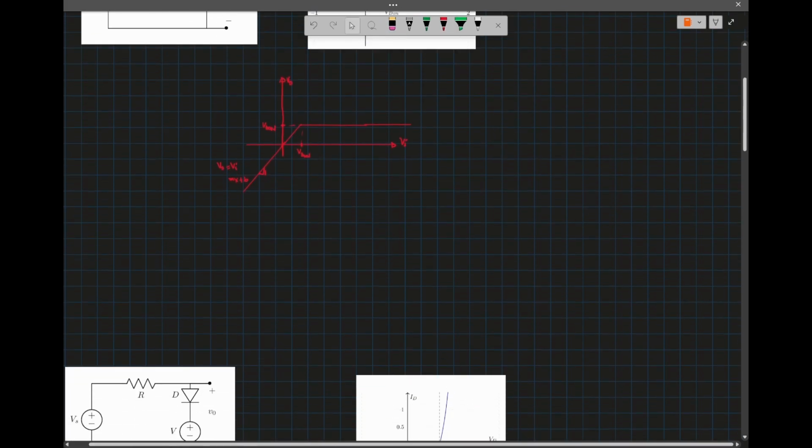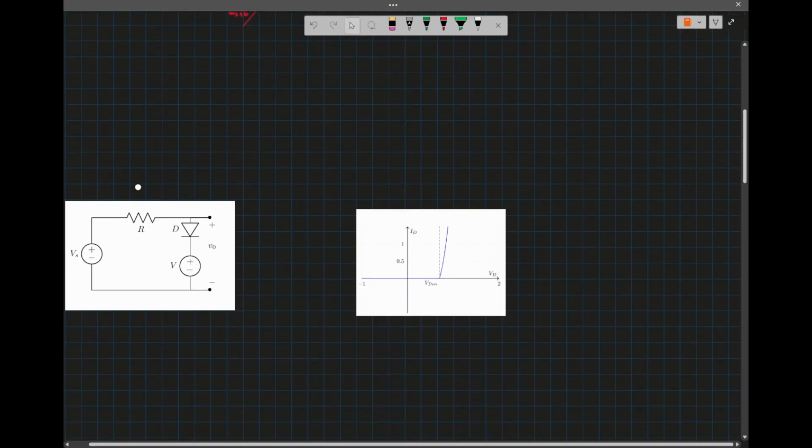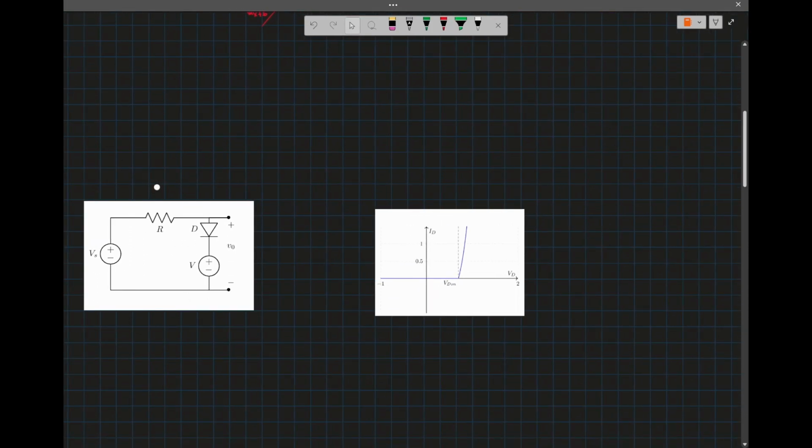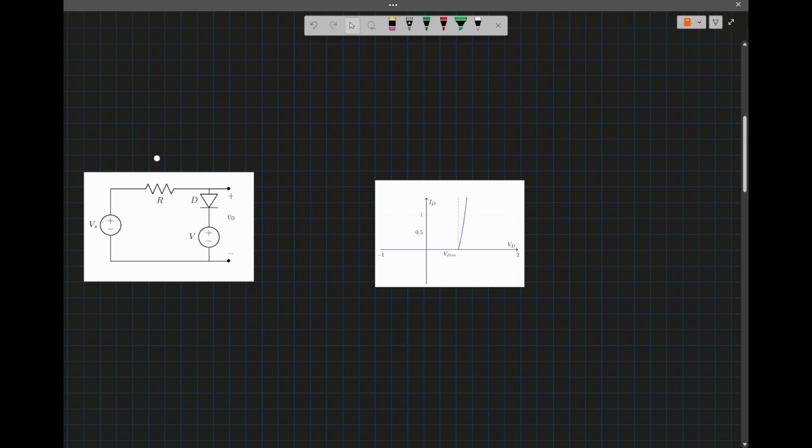That is the goal of this lecture. So we have a voltage source now in series with the diode, and we would like to sketch the output voltage and the transfer characteristic.